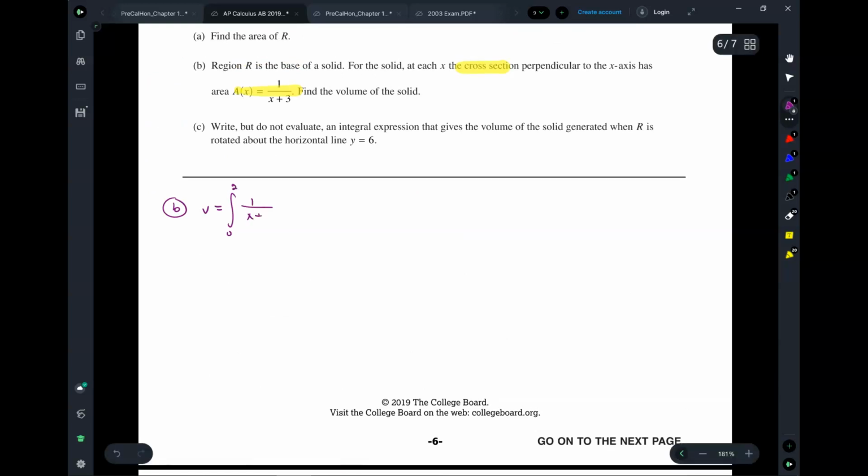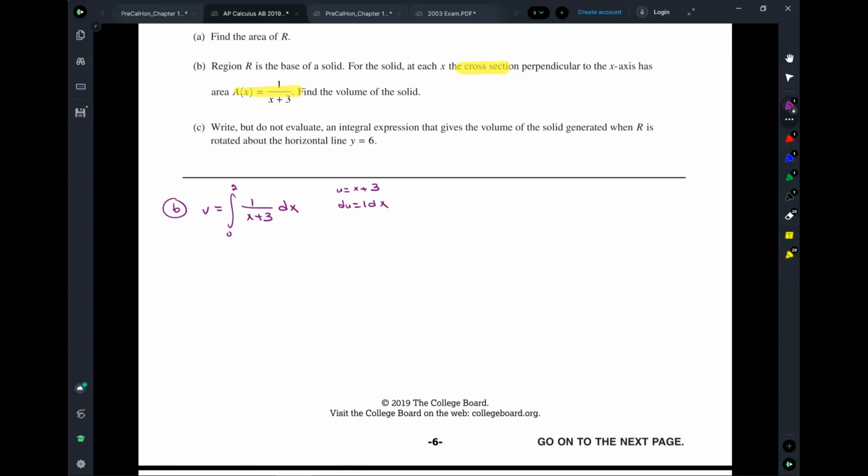1 over x plus 3 dx. This is a non-calculator problem, so we have to do this by hand. Let's do u substitution. u is x plus 3, du is 1 dx, right?